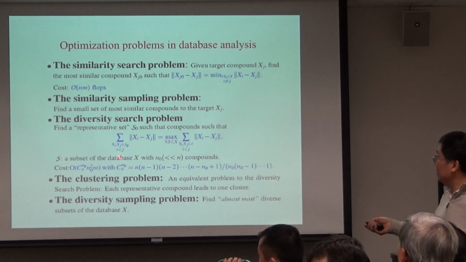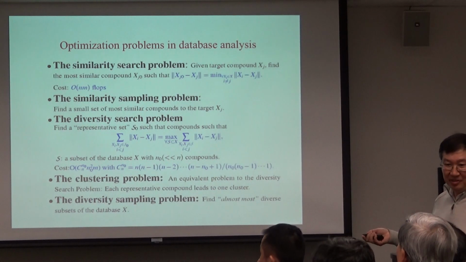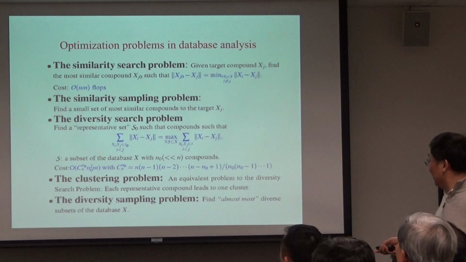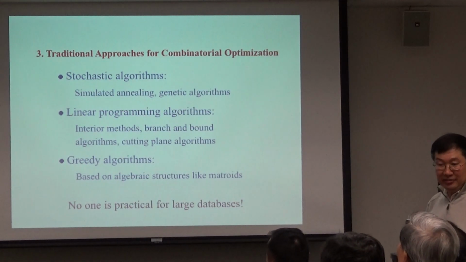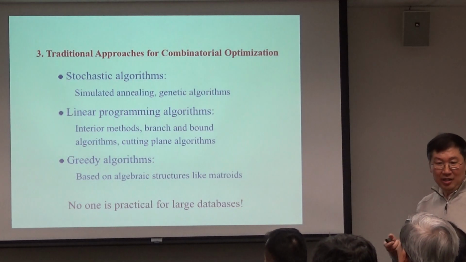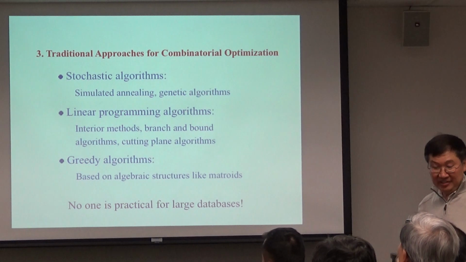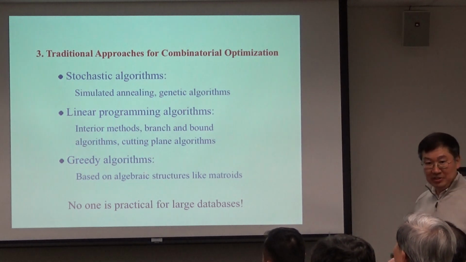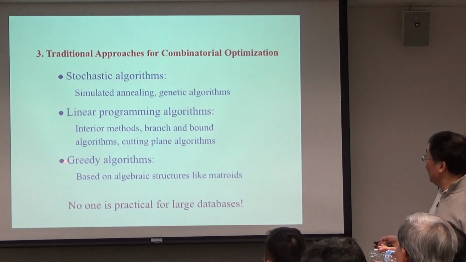Anyhow, these are the two difficult problems. This is the most difficult one. Of course, this is still a central research topic in dataset analysis. There are many algorithms available to deal with such problems.